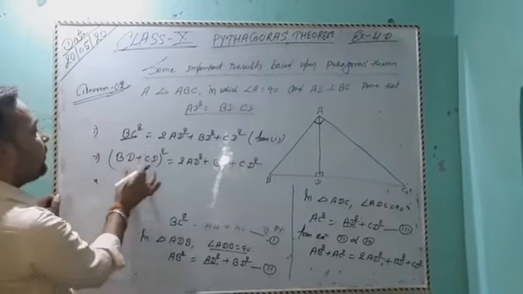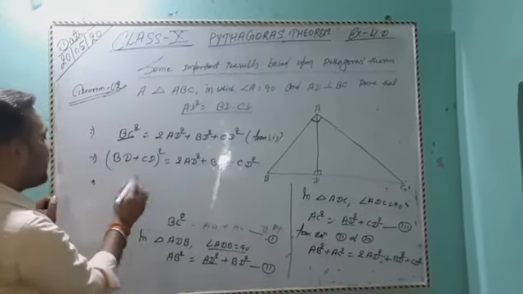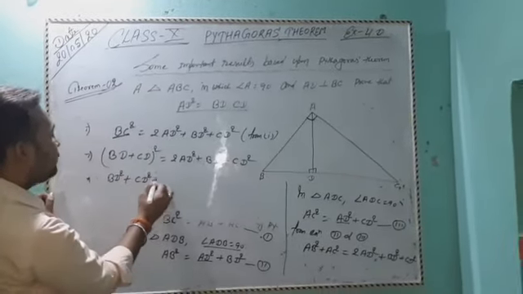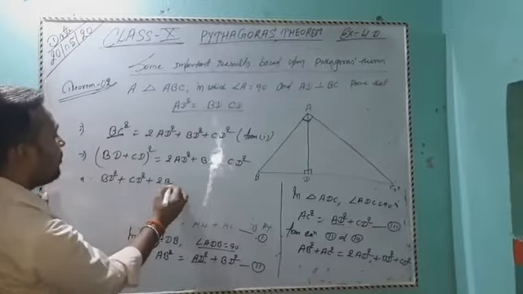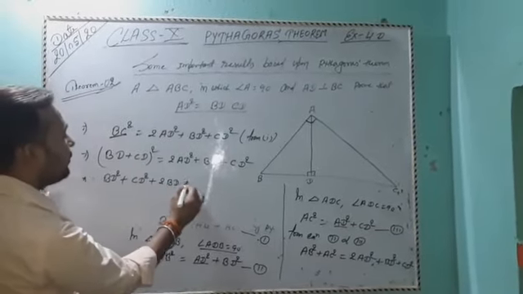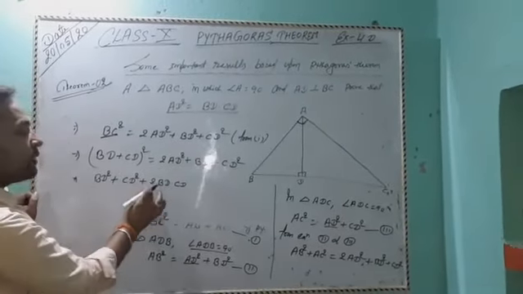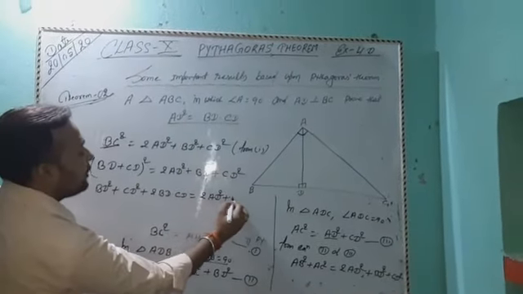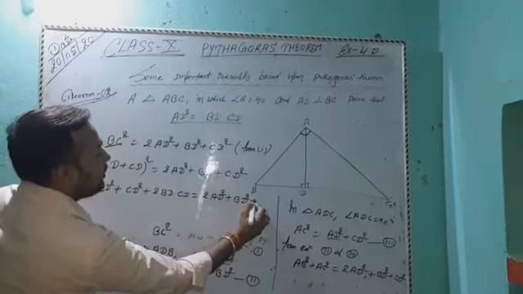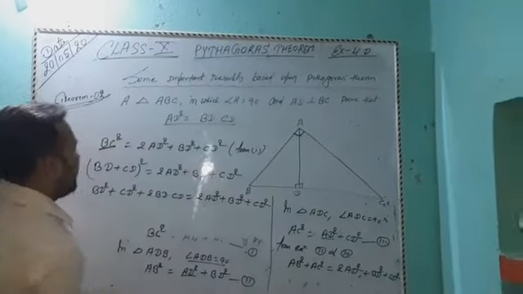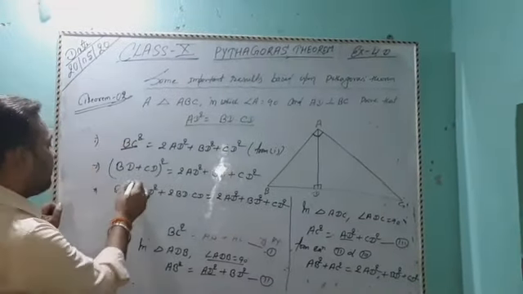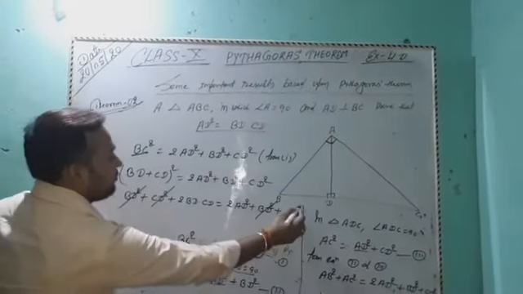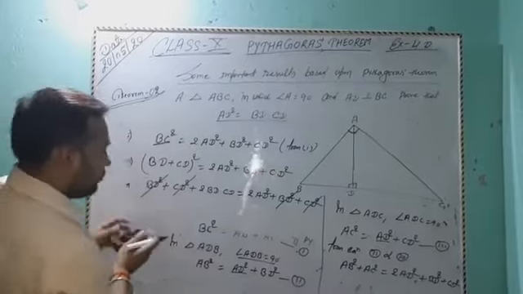This implies, A plus B whole square, we factorize: BD square plus CD square plus 2BD into CD, like A square plus B square plus 2AB, equal to 2AD square plus BD square plus CD square. Okay, so BD square is cancel, CD square is cancel.